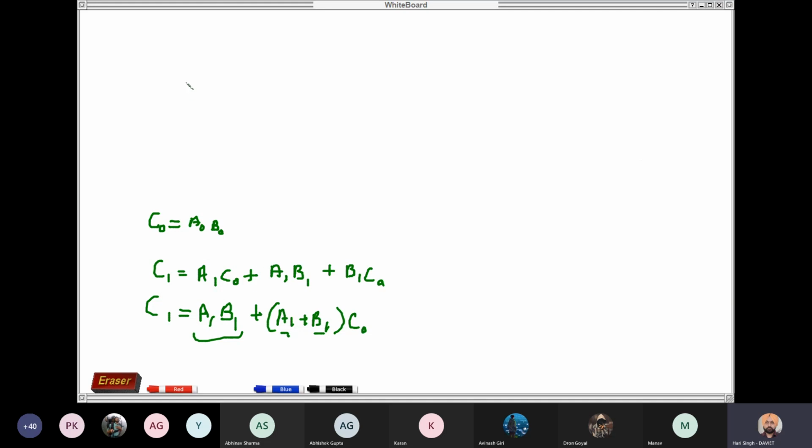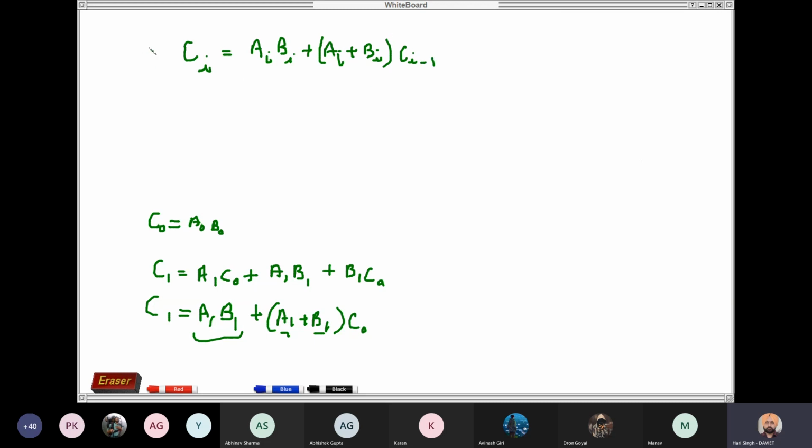So we can write the carry at any stage, say the carry at ith stage. Carry at ith stage is Ai and Bi plus (Ai or Bi) into Ci minus 1.